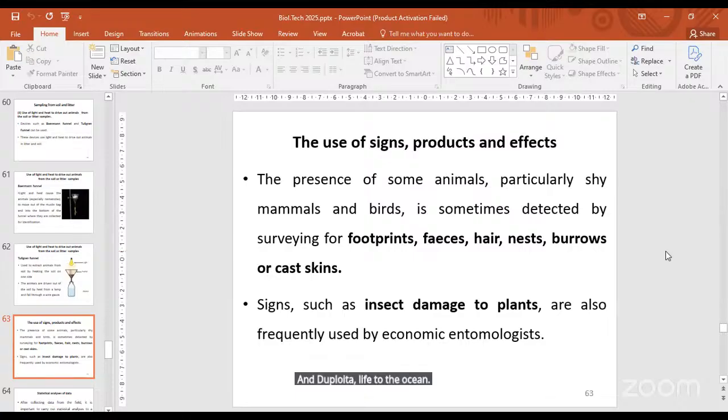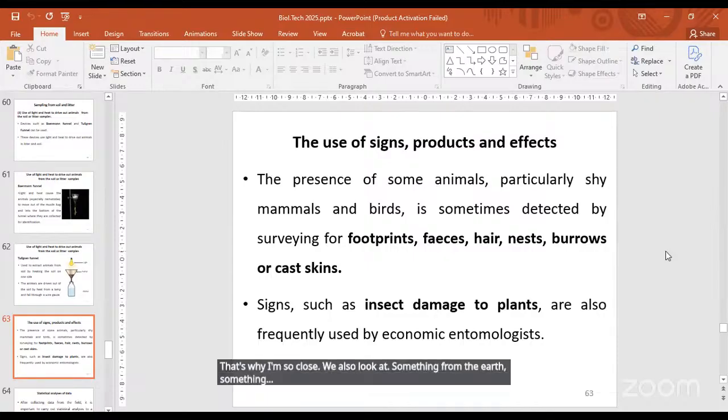We have also looked at other methods to sample aquatic organisms, like capture methods, like fish net, like grid net, and so on and so forth. We also looked at sampling from the air.